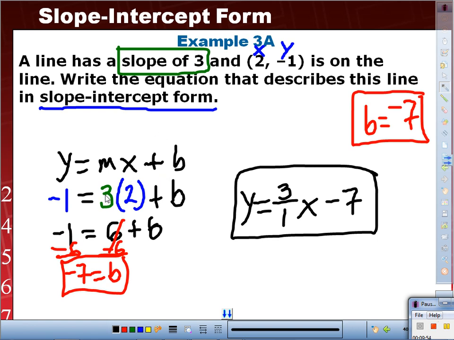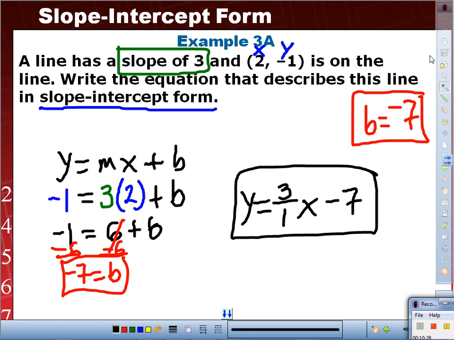I substituted the slope. But what did I realize? That I'm missing the y-intercept, which is b. I wrote that over here, and I focused on that. And then I'm like, what else can I use to solve for b? Well, I used the given values of x and y. I substituted those in here, solved for b. Now that I have a slope and a y-intercept, I was able to substitute in here and write my equation in slope-intercept form.